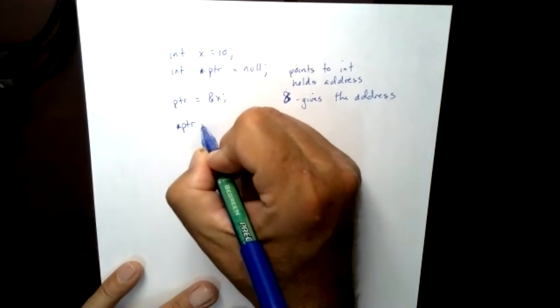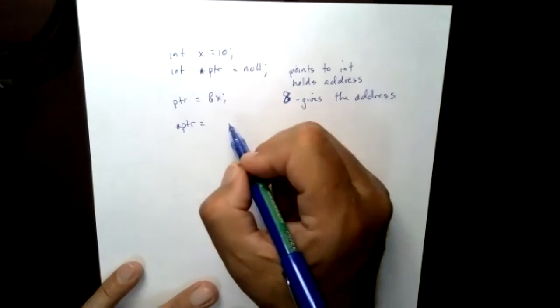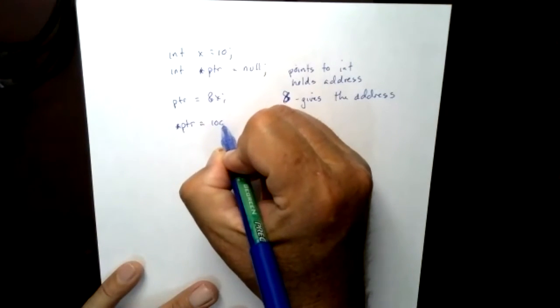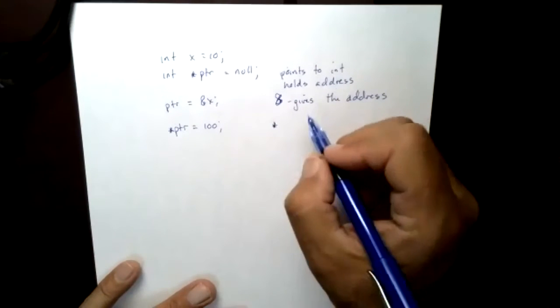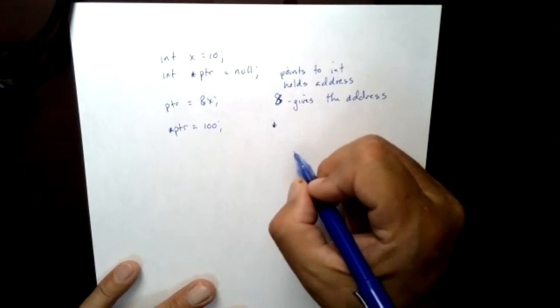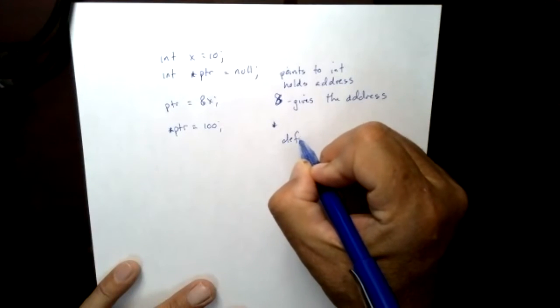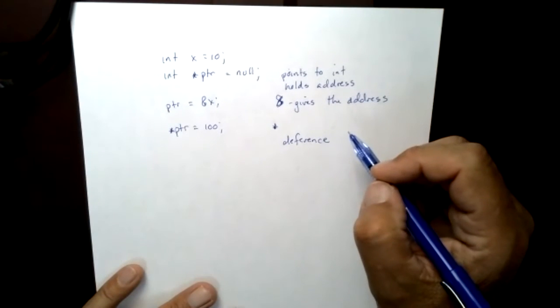Asterisk pointer equals the value. Yeah, a value. Okay. What did the asterisk do here? The asterisk was what was its name? Dereference. Yeah, it's going to dereference it. That's the term we use. You talk about how learning a whole new language.